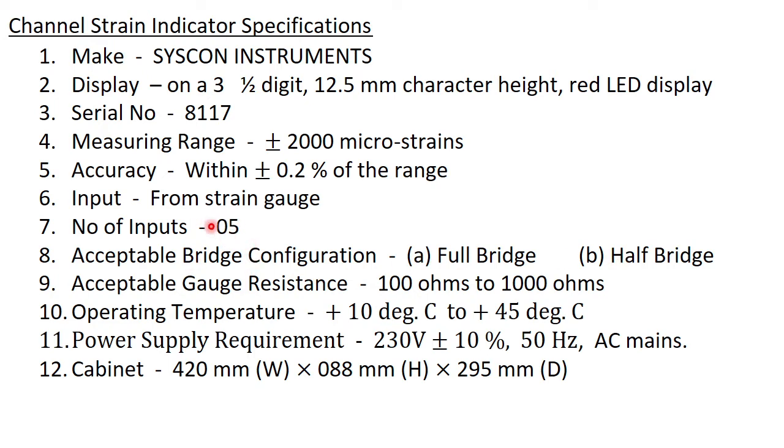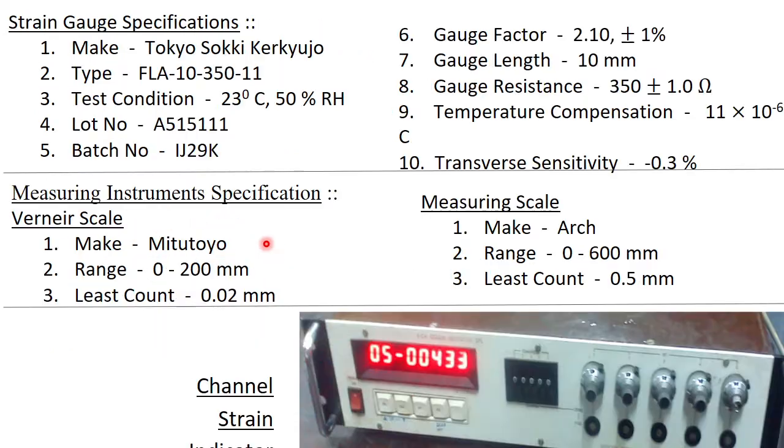Number of input means it can take 5 strain gauges. These connectors you are not getting from here, you have to connect it at the other end. So this is for adjusting those gauges actually. You have to attach those strain gauges before taking a reading.